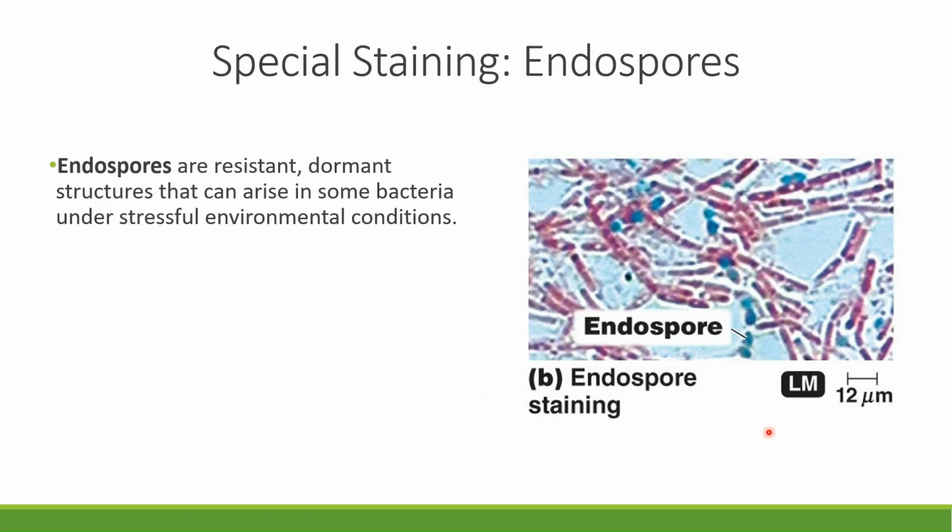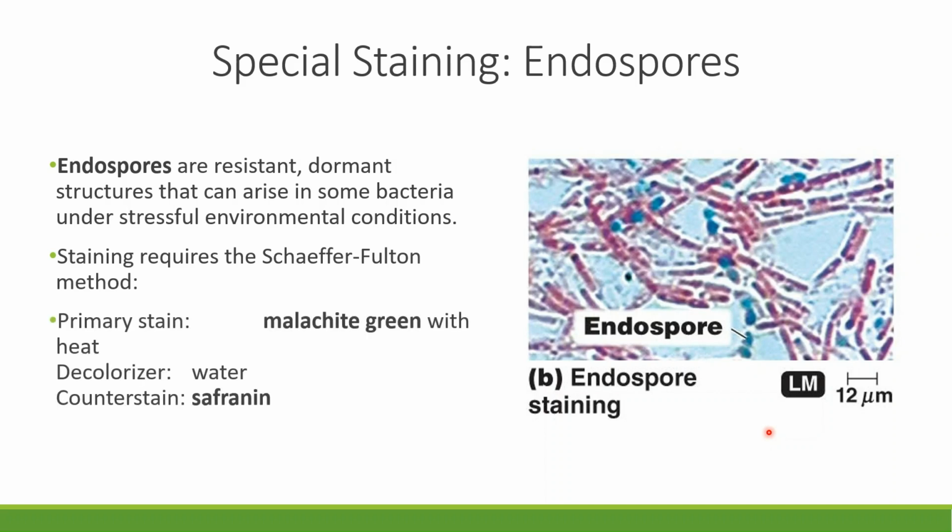Endospores arise in certain bacteria under a stressful environmental condition. The staining requires the Schaeffer-Fulton method. The primary stain is malachite green, and it uses a heat source to penetrate the endospore, and the decolorizer is just water and a counterstain of safranin.